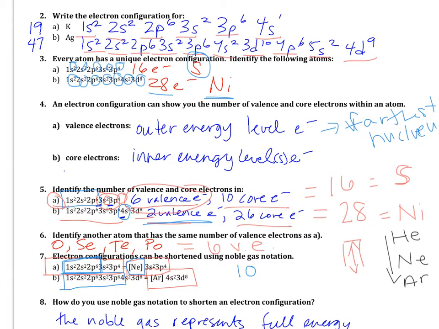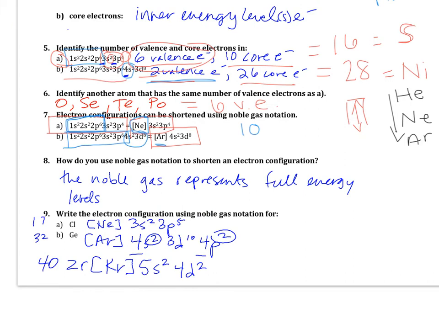So I can shorthand that by bracketing that part of my electron configuration, putting the element symbol, and then adding the additional part. Again, noble gas notation is used to shorten an electron configuration because the noble gases represent full energy levels. Instead of writing out the entire full energy level, we can shorthand it with the noble gas notation.